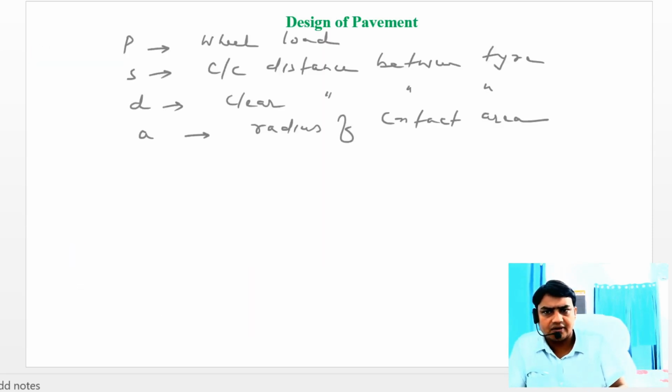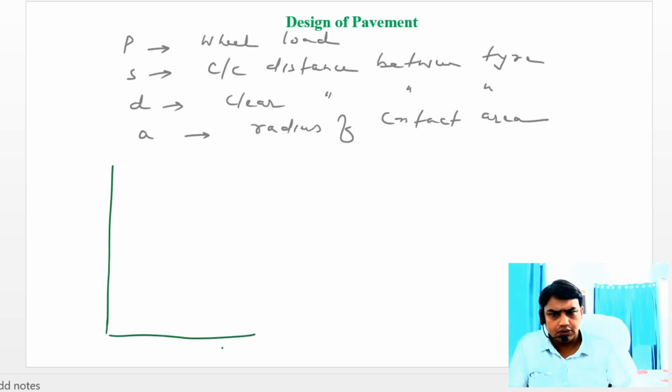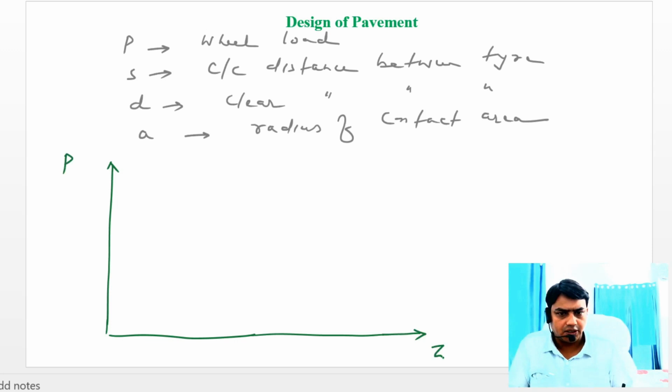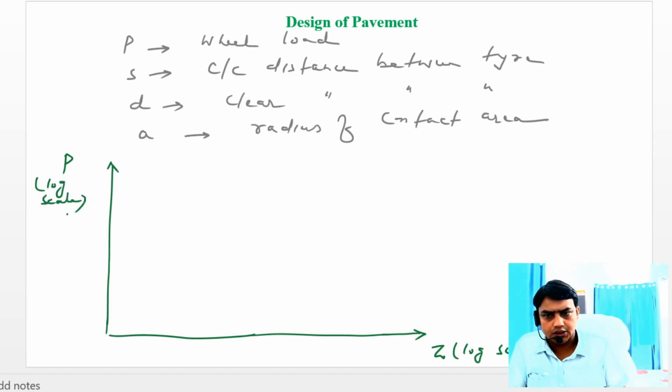So if I see that graph, log P versus the thickness, and of course Z is the thickness of the pavement. So it is log of equivalent single wheel load. It is on the log scale. This is P and this is Z on the log scale. Here also log scale.